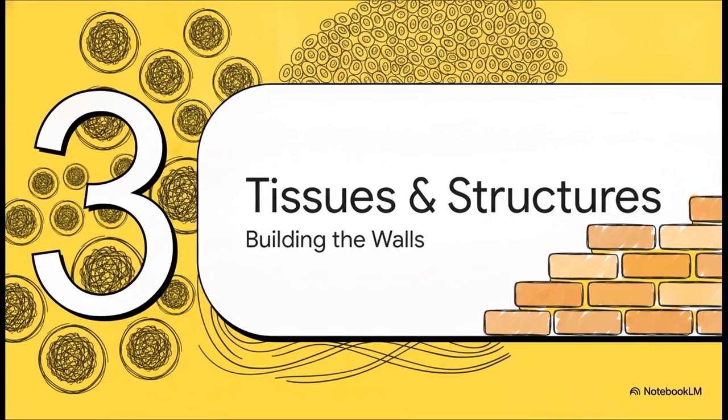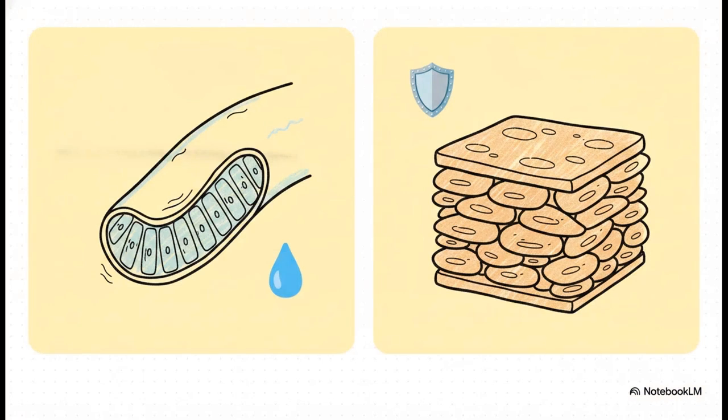Let's keep zooming out. Part 3. Tissues and structures. This is where we start building the walls. A fantastic example of this structural building is epithelial tissue. Let's look at simple epithelium first. It's just a delicate single layer of cells. That makes it absolutely perfect for acting as a lining for body cavities, ducts, and tubes where things need to pass through.